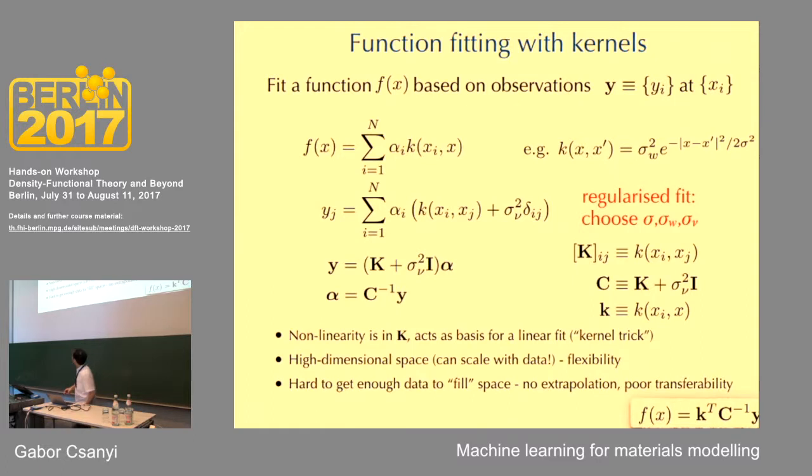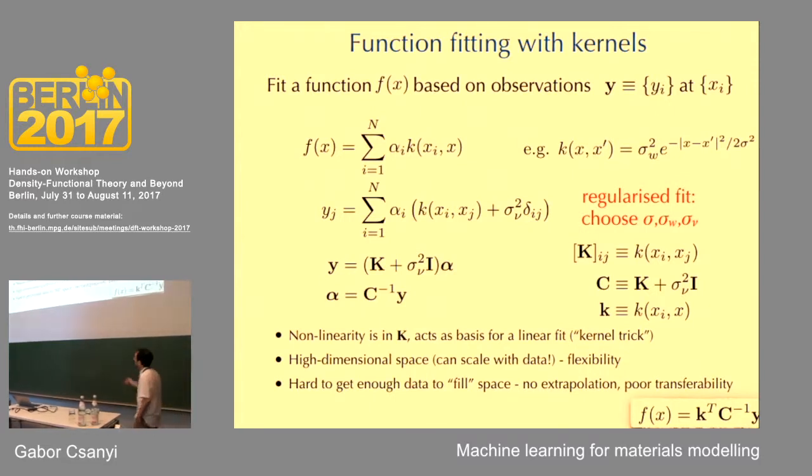So some remarks about this in contrast to the previous way of fitting functions. The nonlinearity is now in K, and that is a basis of a linear fit. This idea has a name. It's called the kernel trick, so that you're doing a very high-dimensional linear fit rather than a low-dimensional nonlinear fit.